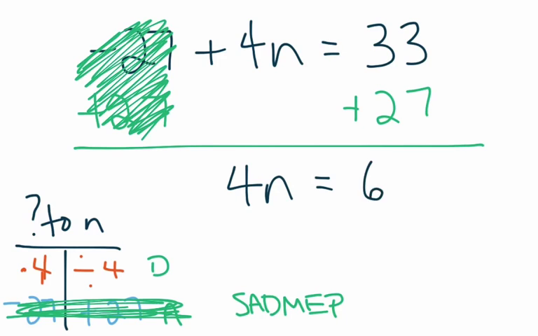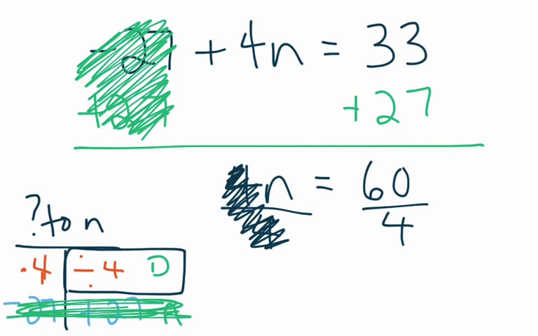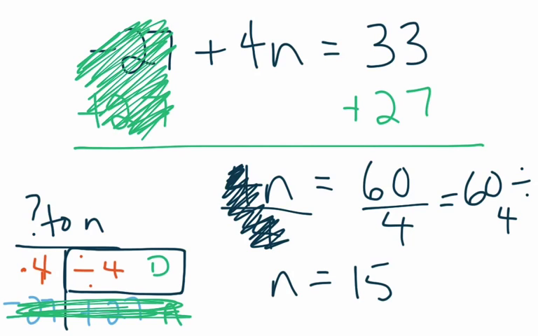So now we have 4n equals 60. If you look back at our chart, the last thing that we need to do is divide by 4. So we're going to divide by 4 on both sides. These 4s go away, and we're left with n equals 60 divided by 4, and that would be 15.